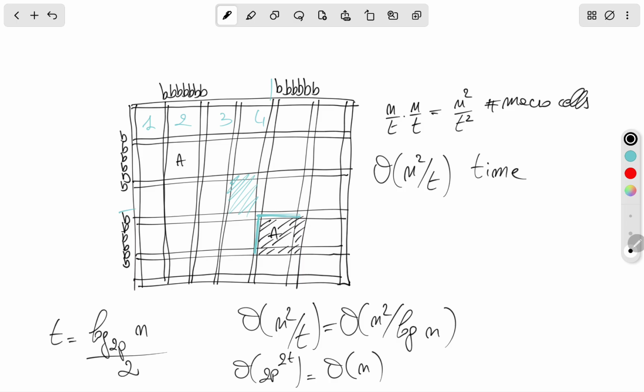Well, none of these is a big issue. I might have, at the very right, some t by t matrix that is not fully contained in the larger matrix. Again, no big deal.